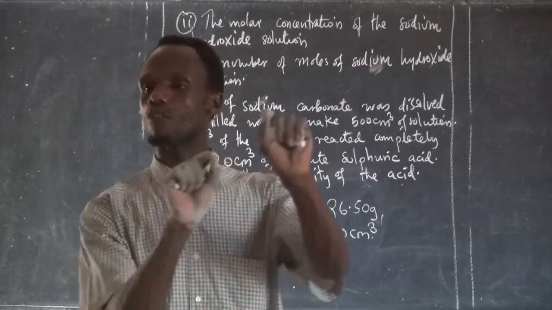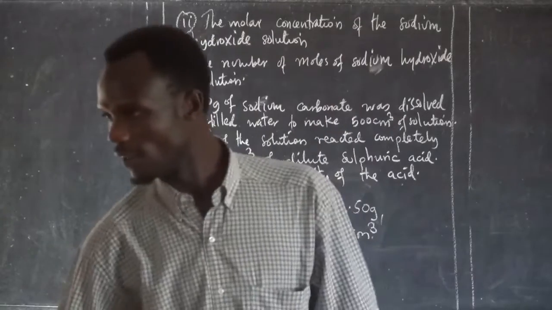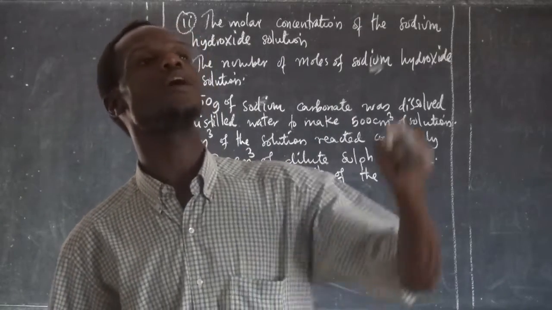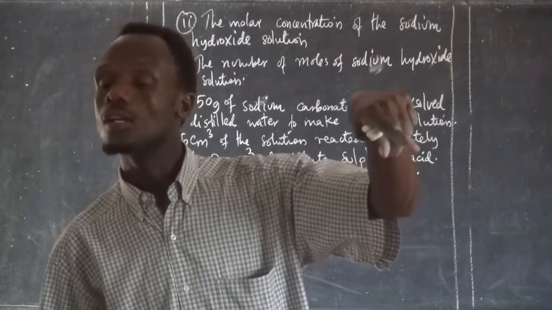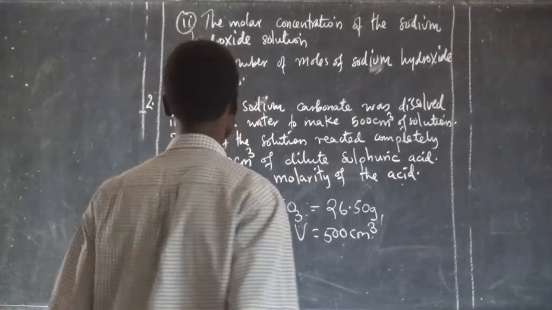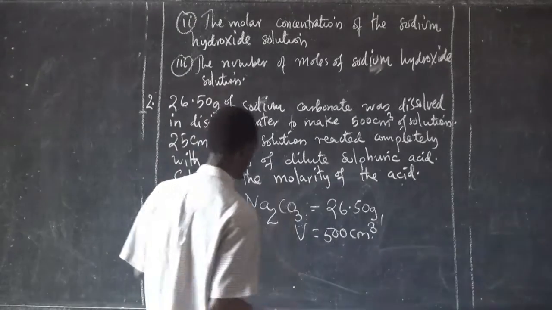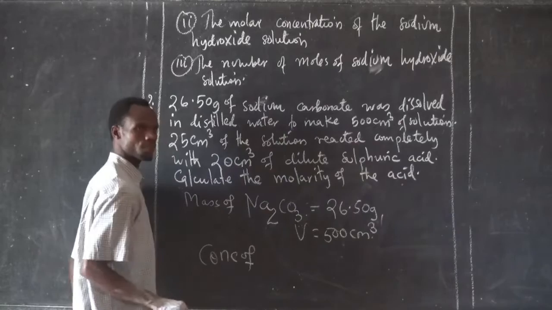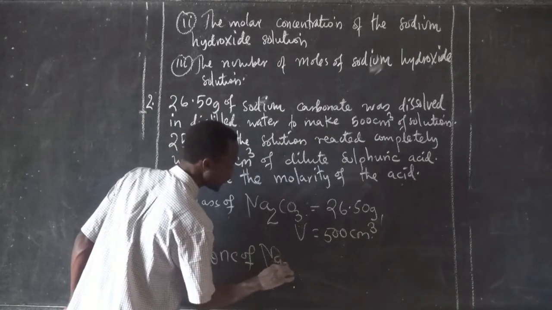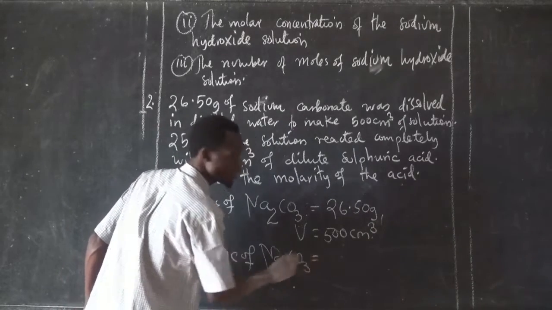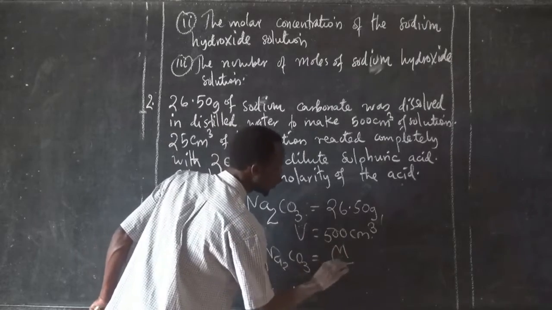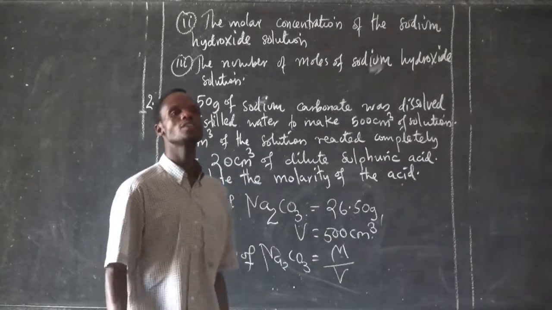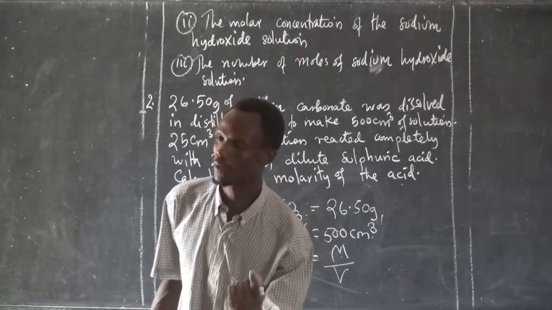We say the concentration is determined by looking at the amount of solute found in the solution. So the concentration of sodium carbonate is equal to mass over volume, but volume is written in terms of cubic decimeters.